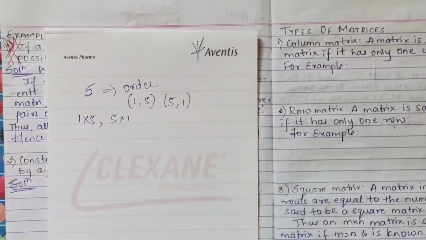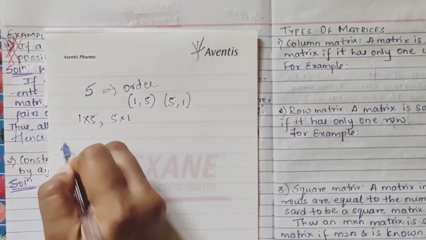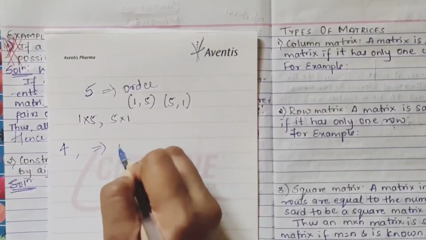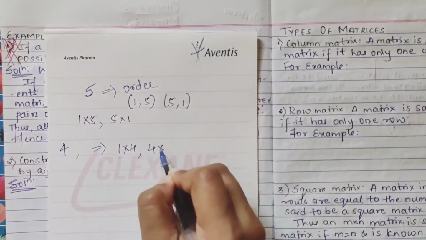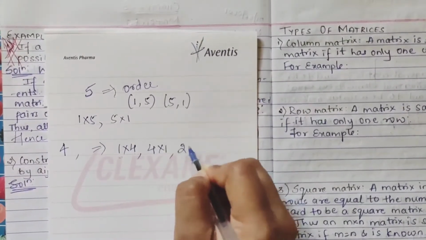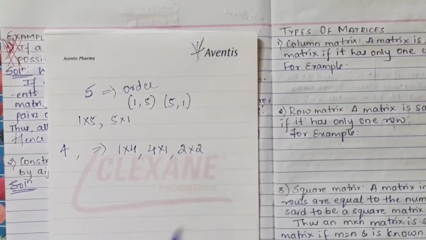In the same way, if they have given you 4, it will be 1 cross 4 as one order, the second will be 4 cross 1, and one will be 2 cross 2. These are the possible orders.